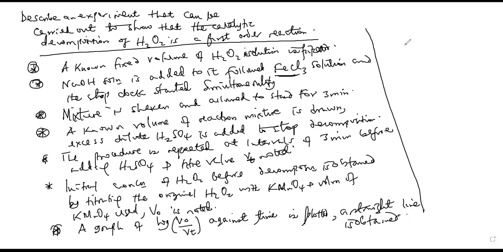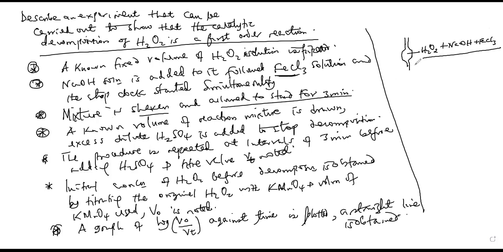We say that we pipette a known volume of hydrogen peroxide, then we add sodium hydroxide followed by the catalyst iron 3 chloride. As you do this, the reaction will start taking place, so you also start the stop clock. Then you shake the mixture and allow it to stand for 3 minutes.